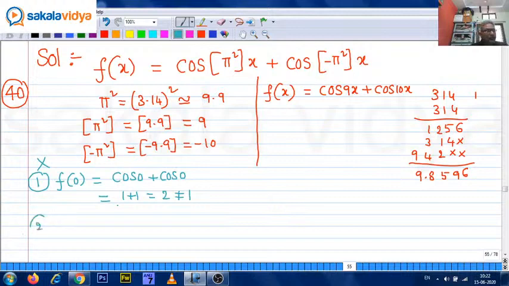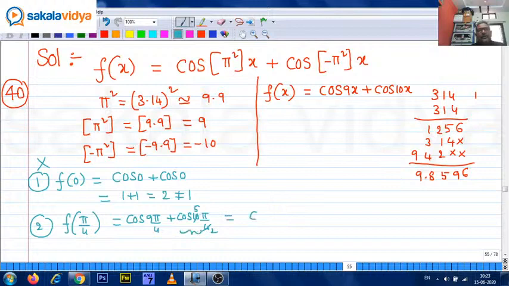Second option, f of pi by 4. That is cos 9 pi by 4 plus cos 10 pi by 4. This will be 5 pi by 2, an odd multiple of pi by 2, which means this becomes 0.